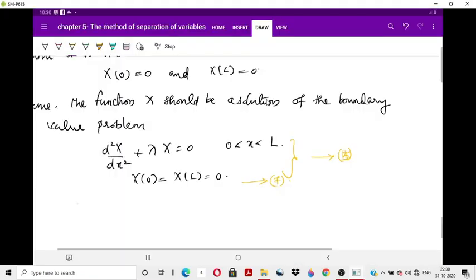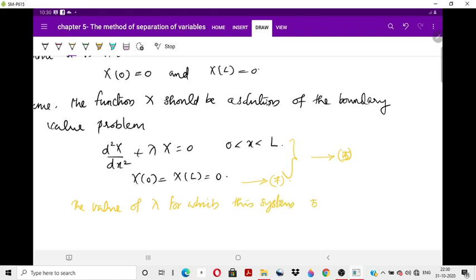So the value of lambda for which this system 5 and 7 has a non-trivial solution is known as eigenvalue. So lambda is an eigenvalue.